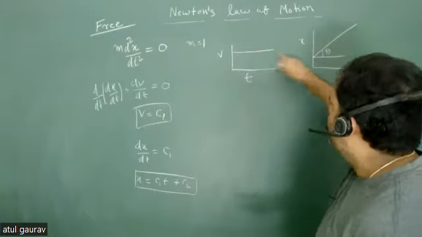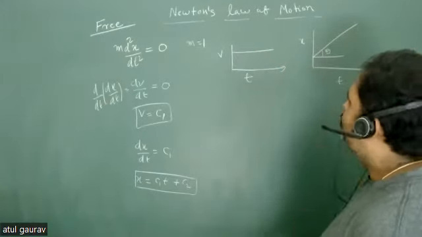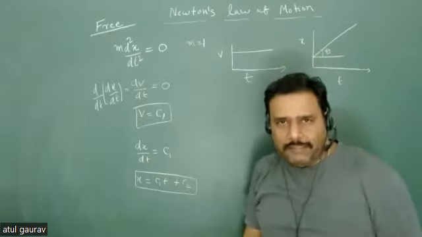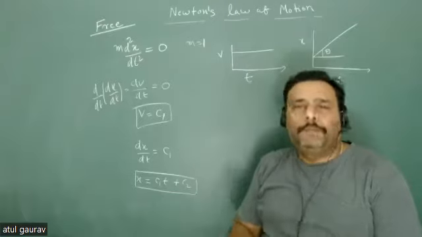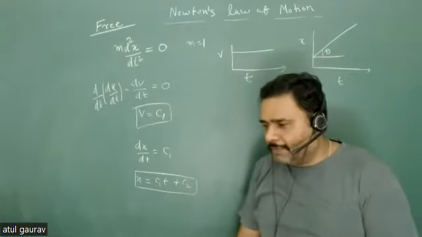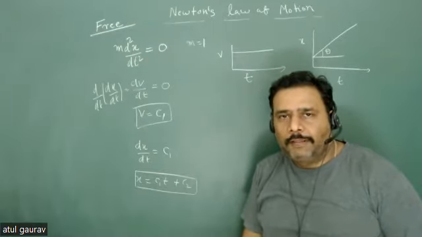So the slope is constant. So we have v versus t and x versus t. This is a trivial system, one of the simplest systems you can ever have. Where do you find a free particle? Where do you have a free particle?